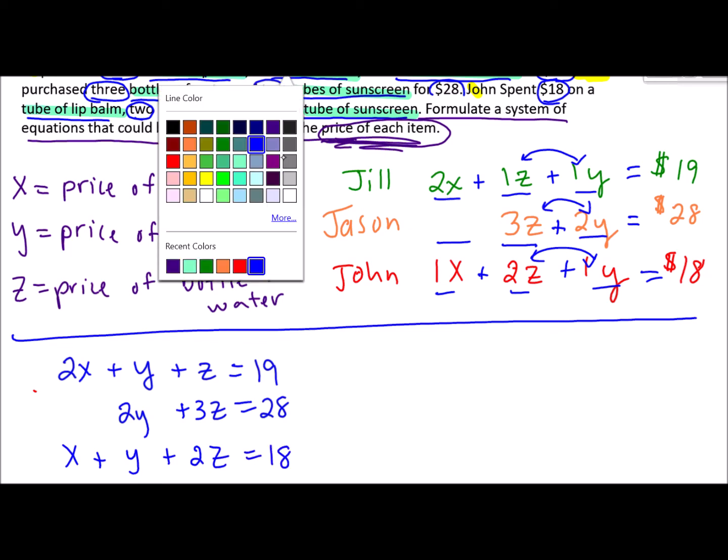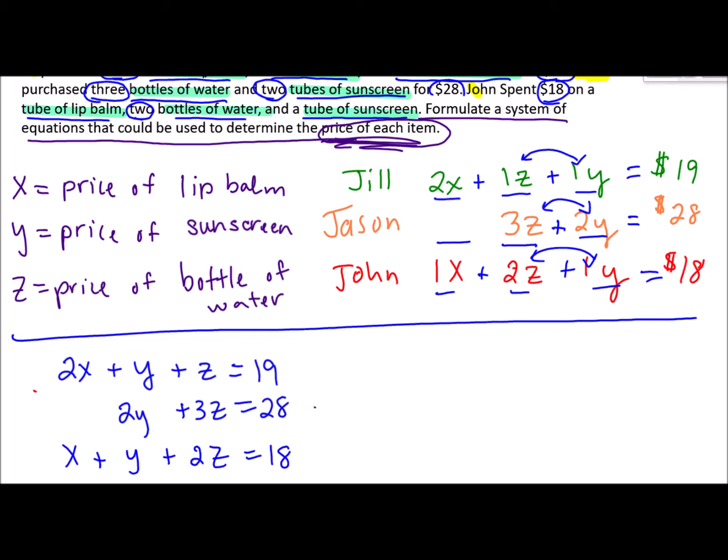Okay, easy to solve now. Let's go with our augmented matrix. 3 rows, 4 columns. Doing our coefficients, 2, 1, 1, 19. Next row is 0, because there's no x's, right? 0x. And then 2, 3, and 28.